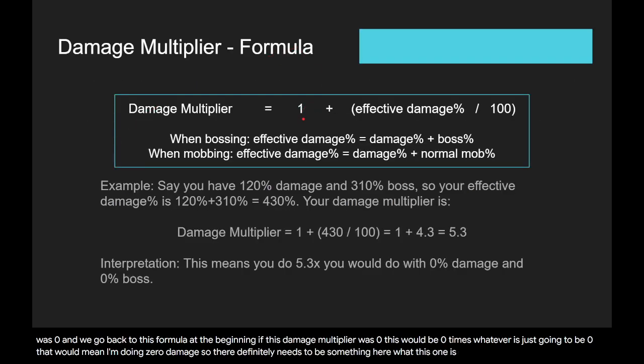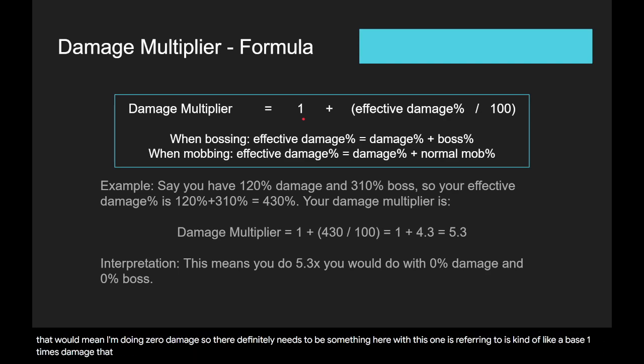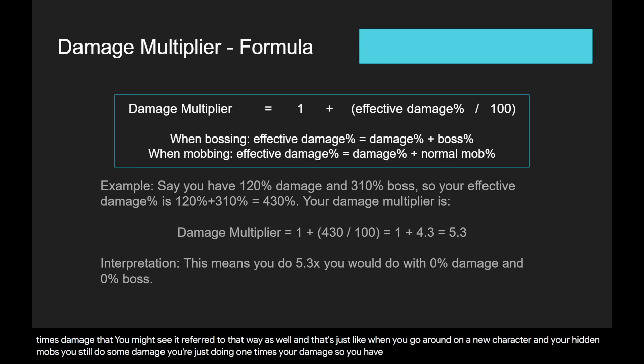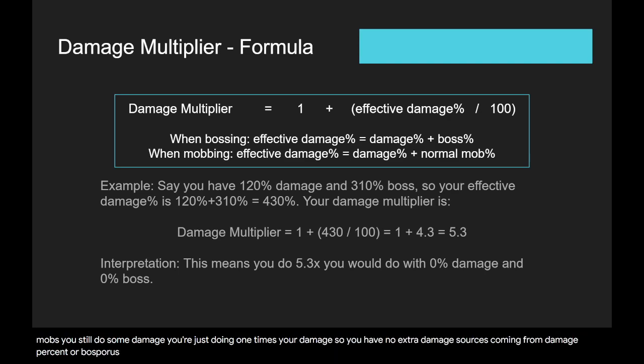What this 1 is referring to is a base 1 times damage that you're doing, or a base 100% damage. You might see it referred to that way as well. And that's just like when you go around on a new character and you're hitting mobs, you still do some damage. You're just doing 1 times your damage. So you have no extra damage sources coming from damage percent or boss percent yet, but you still do something. You still do 1 times your base damage.